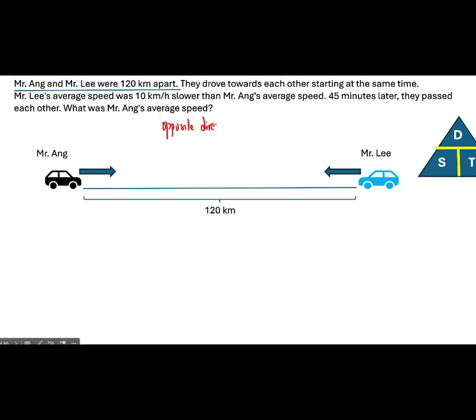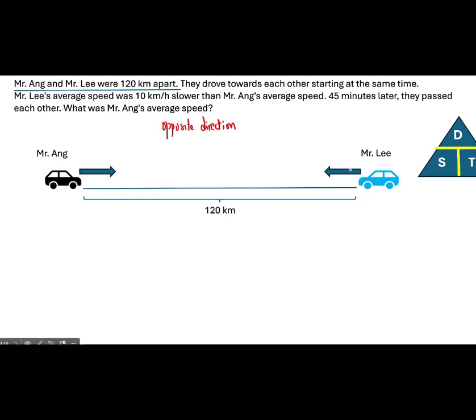And when they move in opposite direction, what is a significant factor to remember? That is, both of them together are covering this distance 120 kilometers. So at a given time, this would have covered half of it or some part of it, and Mr. Lee would have covered the other part of it.